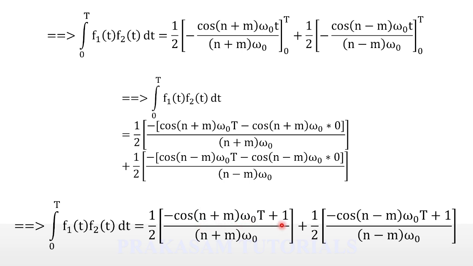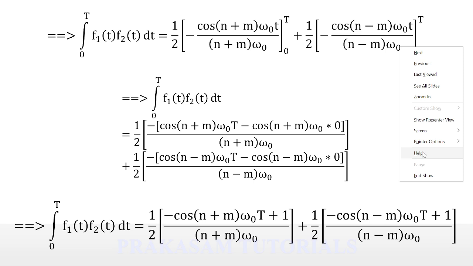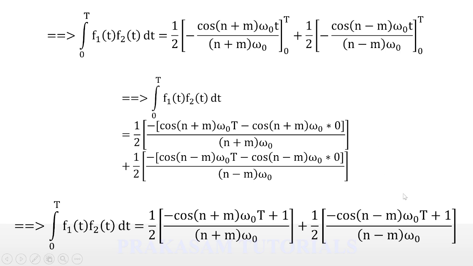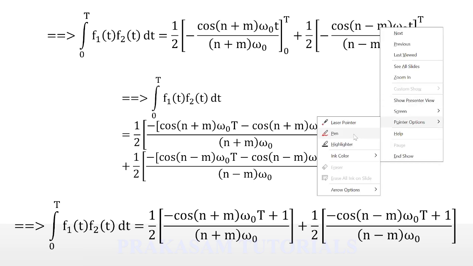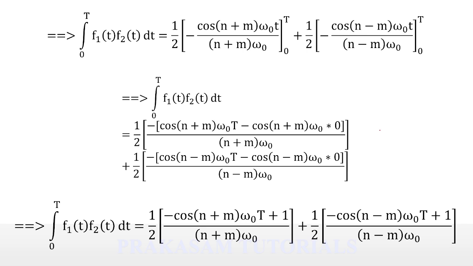minus cos of (n plus m) omega naught T plus 1, divided by (n plus m) omega naught, plus 1 by 2 minus cos of (n minus m) omega naught T plus 1, divided by (n minus m) omega naught. We know that the fundamental time period capital T is equal to 2 pi by omega naught, and omega naught into capital T is equal to 2 pi.